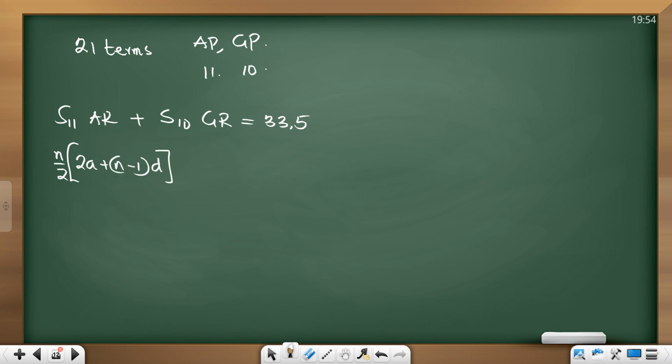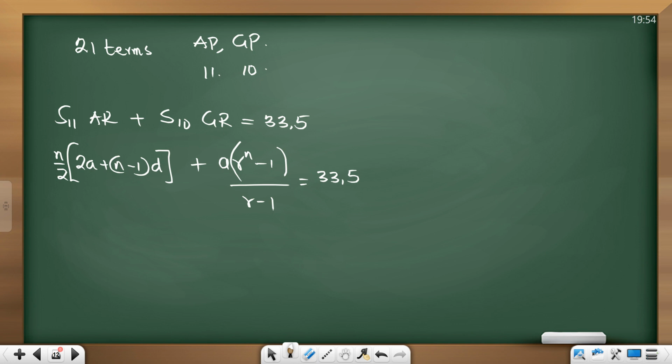That's the sum of the arithmetic, plus the sum of the geometric, a into bracket r to the power of n. Everything should be equal to what? That makes sense? Okay, let's deal with it.